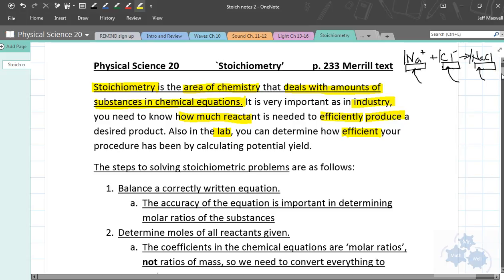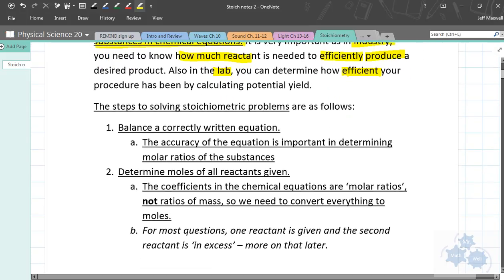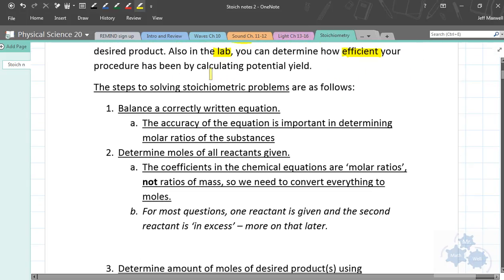So these are the steps in solving stoichiometric problems. First thing you want to do is make sure that you balance the equation correctly, and that the equation is written correctly.